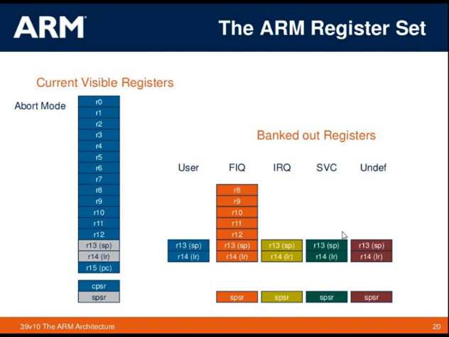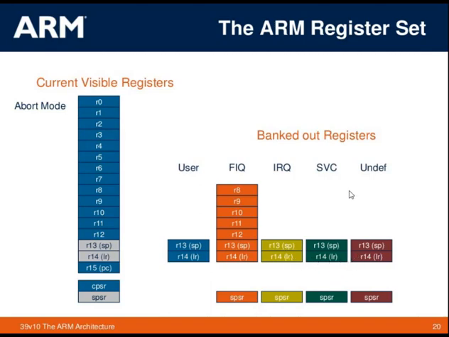Now we see how many registers are present in every mode. In user mode there are two, SP and LR. FIQ, that is fast interrupt, has 7 registers. In IRQ, SVC and the others again there are 2.